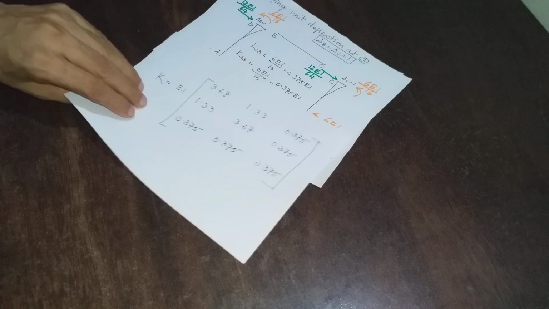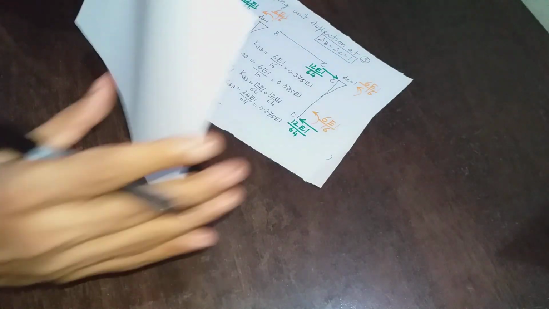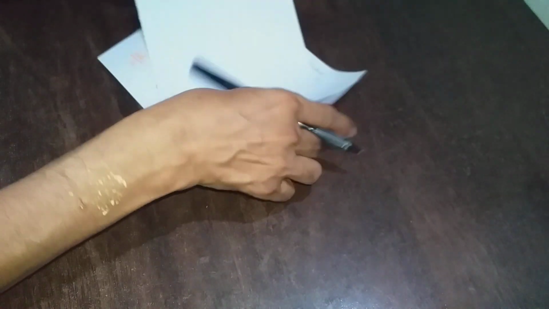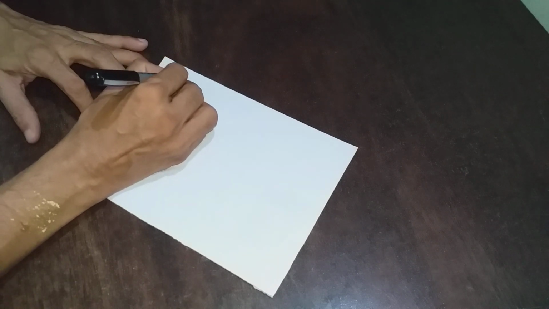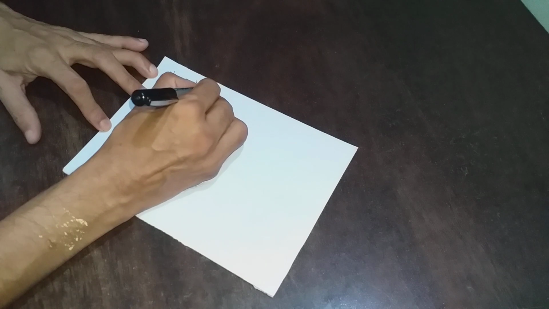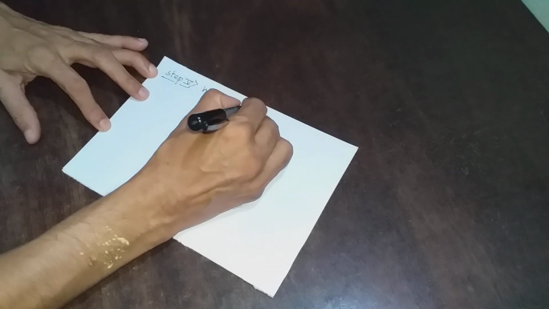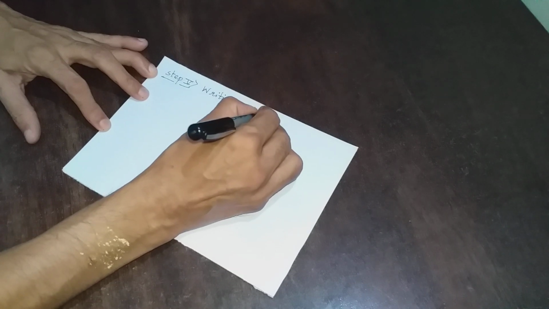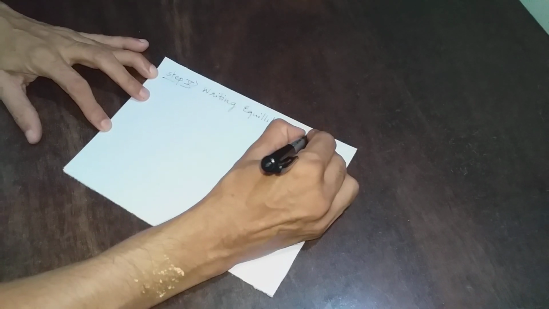Now the next step, that is the most important step, step 5. Step 5 is writing the equilibrium equation.